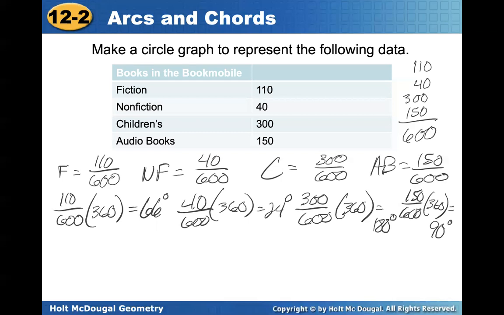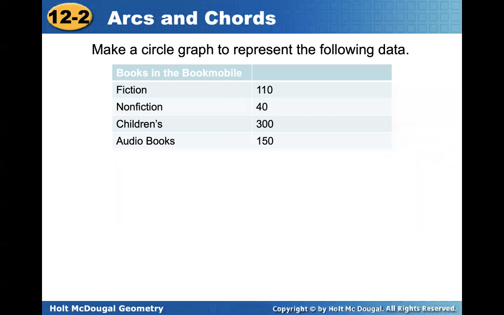So now we're going to make a circle graph for each one of those figures. First one I'm going to make is the children's books. I'm going to start with the easiest one, the one that's half of the circle. I'm going to cut my circle in half.